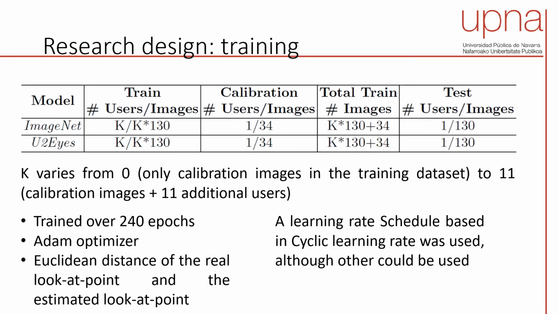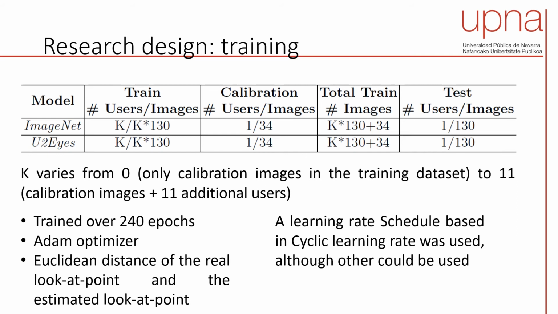As we have previously pointed out, calibration, e.g. adding images of the target user to the training dataset, has proved to obtain the best results in other gaze estimation approaches. Because of that, the training dataset always contains 34 images of the target user. The size of the training dataset is varied by adding or removing other users from the database.